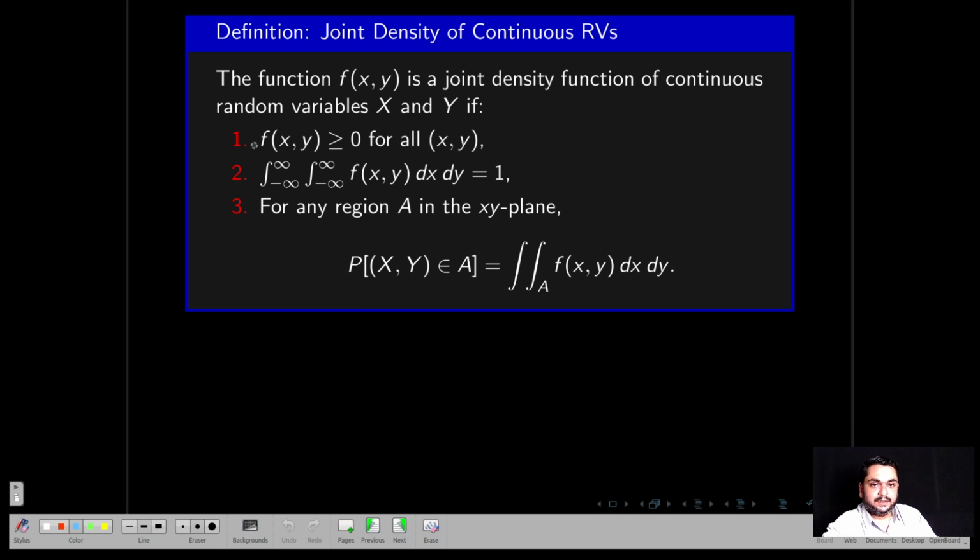You write f of x comma y greater than or equal to 0 for all x comma y, and then, like your single variable, the integral from minus infinity to infinity and minus infinity to infinity, because I have x and y. That integral should be equal to 1, the volume under that surface. For a region A in the xy plane, P of (x, y) belongs to A is the integral of that. Previously it was summation, here it is integral.